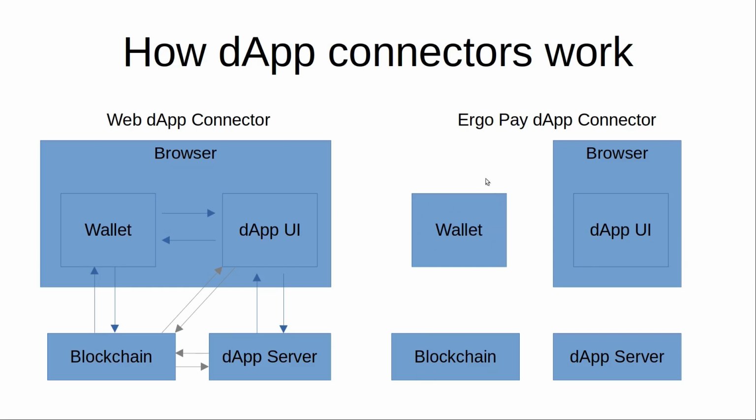But the wallet is completely separated from the browser and the dApp, the wallet can be on a completely different device, like in the demonstration I gave. So we still have data interchange between the wallet and the blockchain, of course, and of course between the dApp interface and the dApp web server.